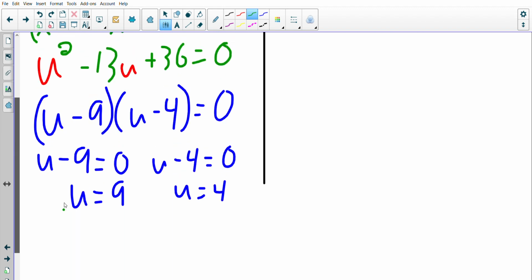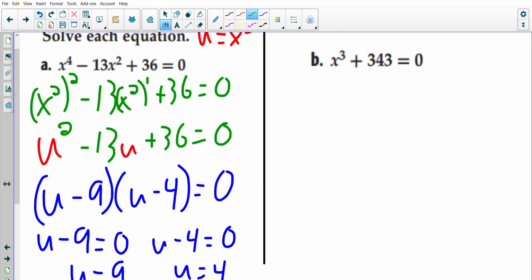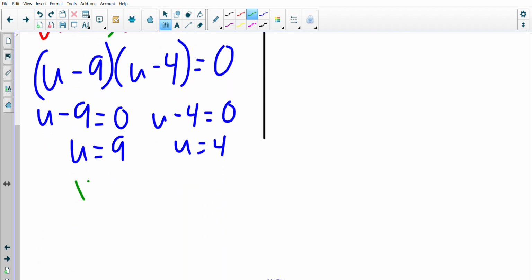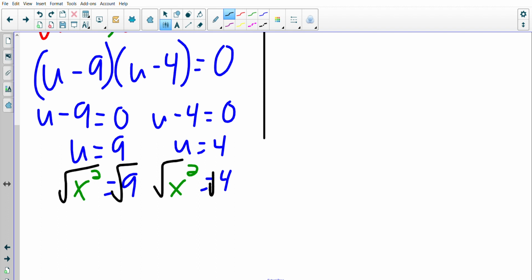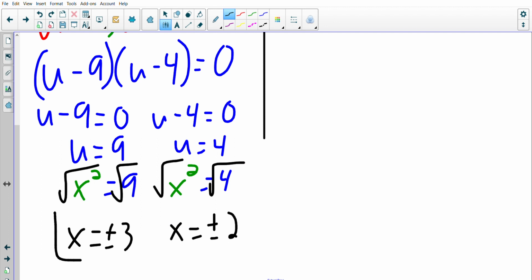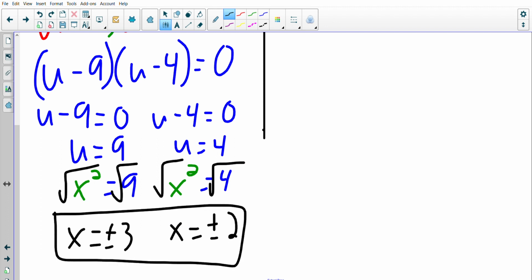So x squared equals 9 and x squared equals 4. Now just some base math, take the square root on both sides. So we get x is equal to plus minus 3 and x is equal to plus minus 2. And there we go. We've solved for x.